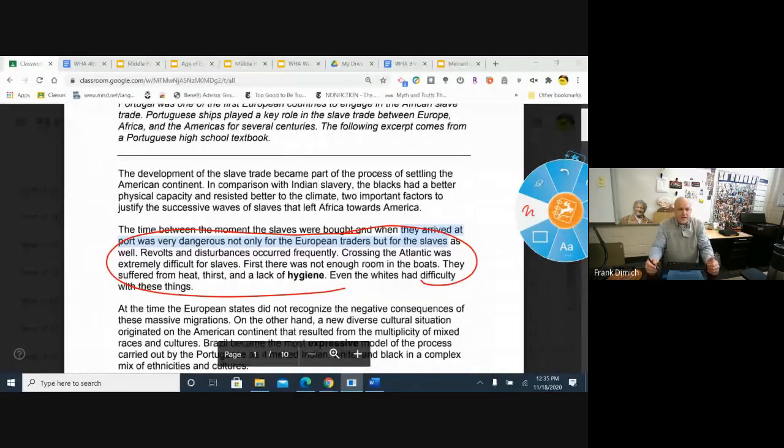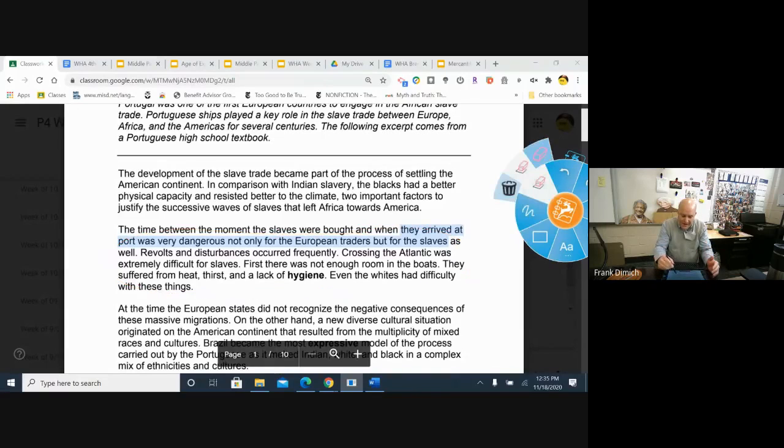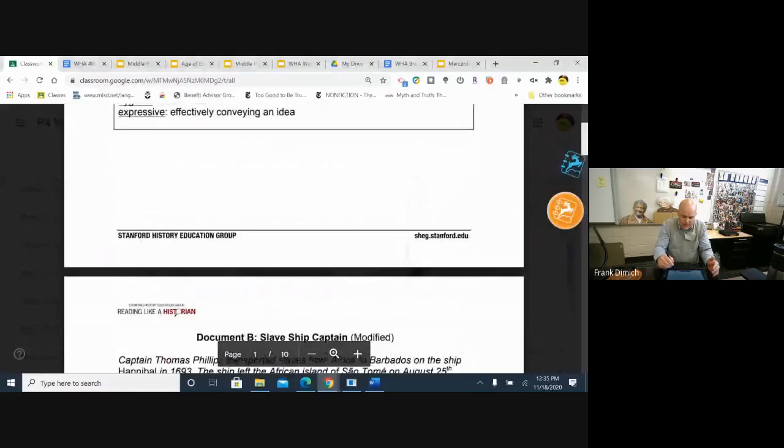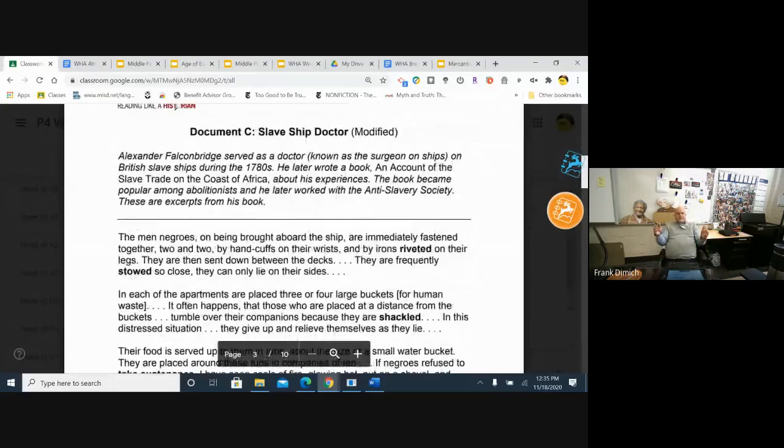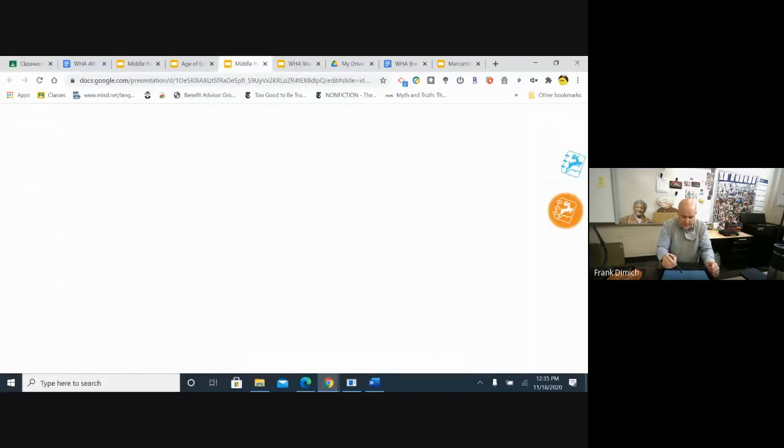It's not very detailed. You could say, by contrast, more details and more vivid details are provided by either Equiano in document E or the slave ship doctor in document C, whichever one you like.